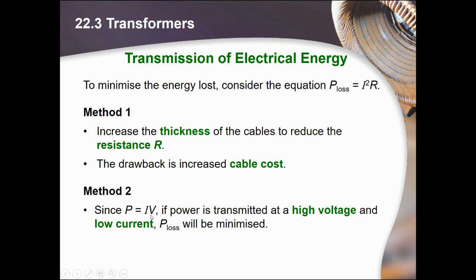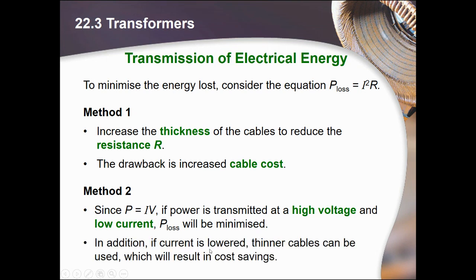I repeat again, if I transmit at very high voltage, my current will be very low. And when my current is very low, my power loss, I squared R, will be minimized. And when the current is lower, thinner cables can be used. I don't need such thick cables because the current is very low. So this will also result in cost saving.